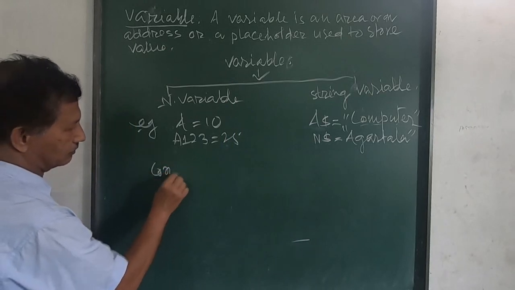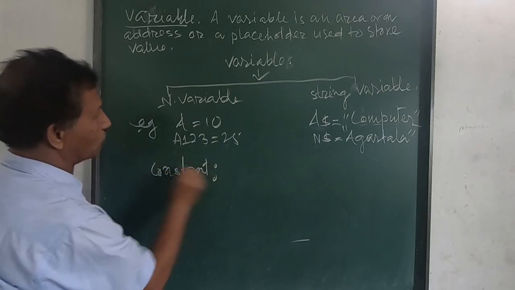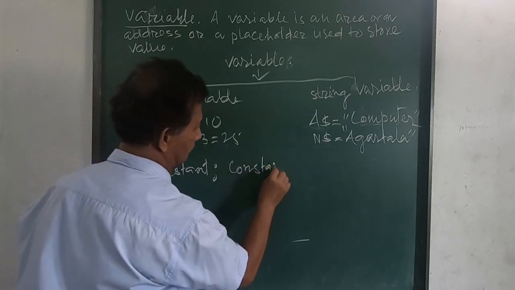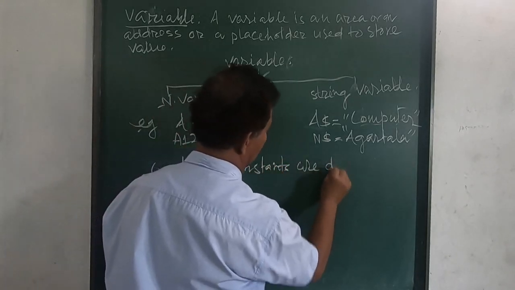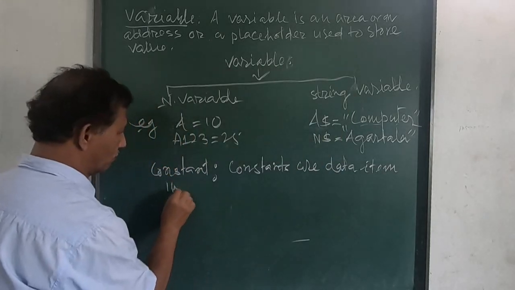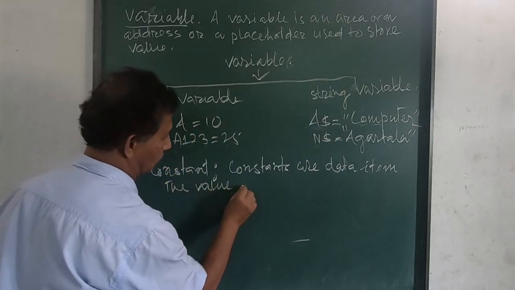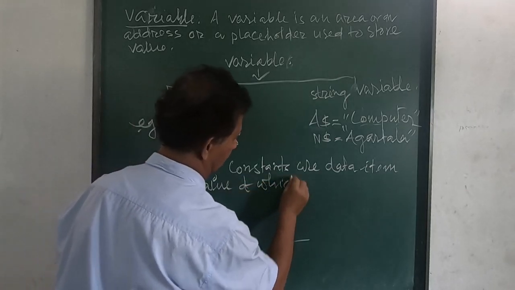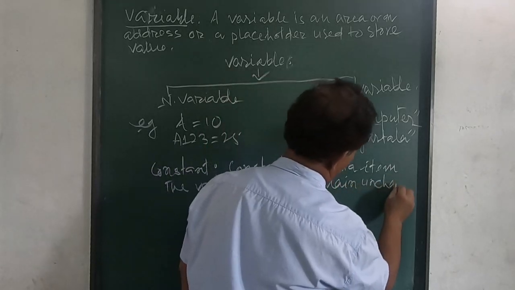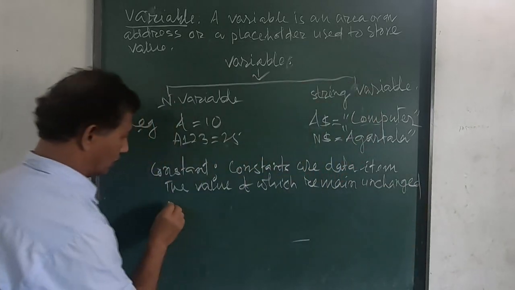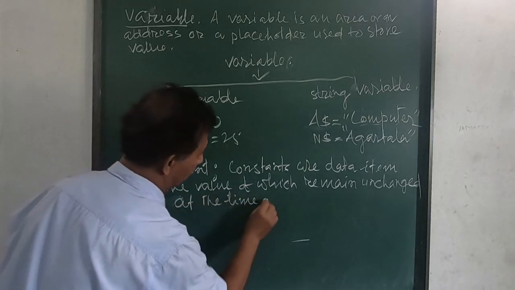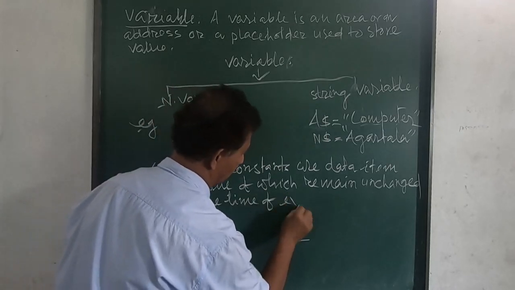Okay, constant. What is a constant? Constants are data items, the value of which remains unchanged at the time of execution of a program.